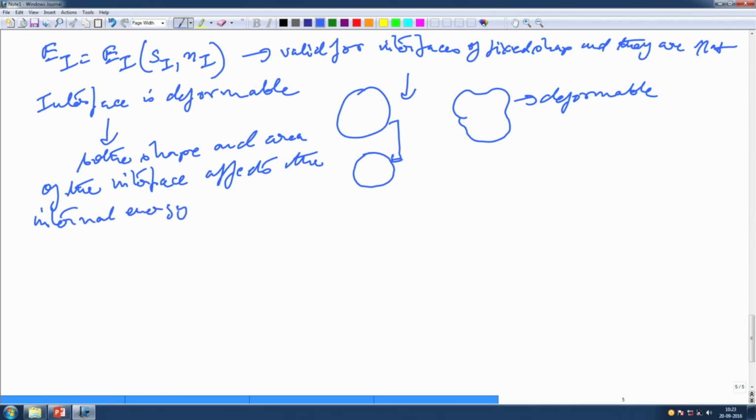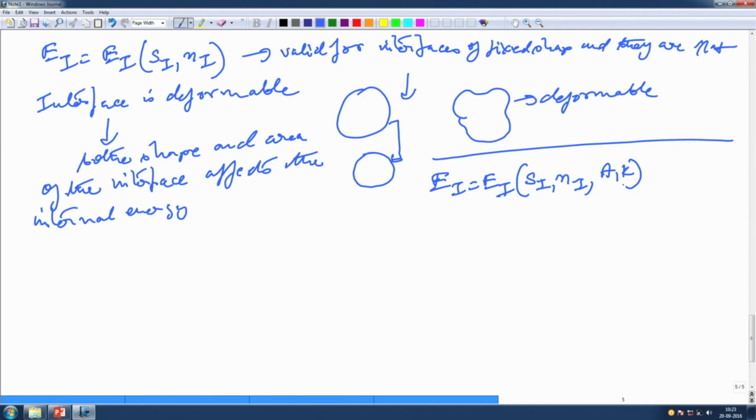In that particular case, EI is not just a function of two parameters, it is a function of SI, NI, comma A and K also. What are A and K? A is the surface area of the interface and K is basically the curvature. Okay.